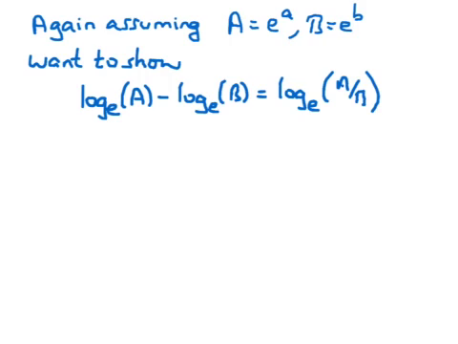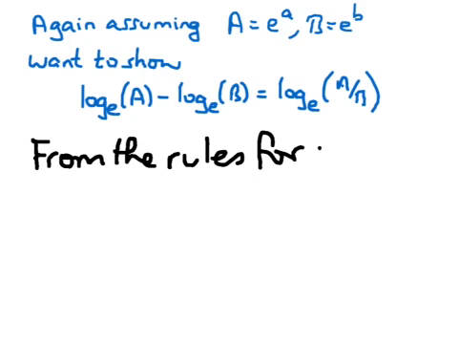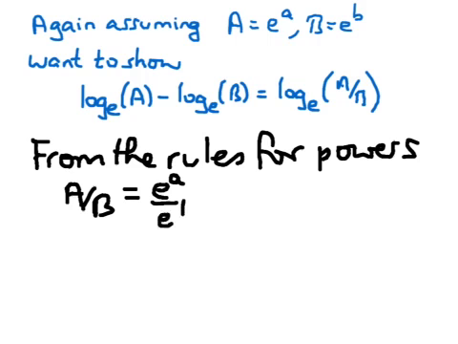So from the rules for powers, A divided by B is e to the a over e to the b, and that is e to the a minus b.